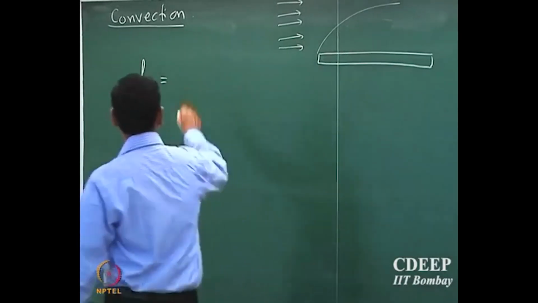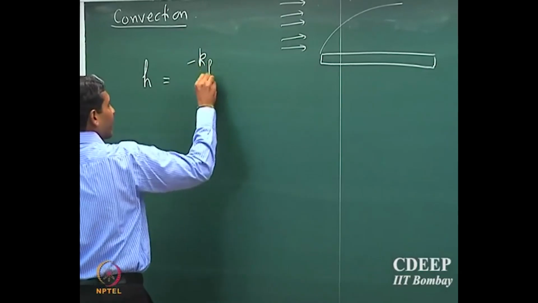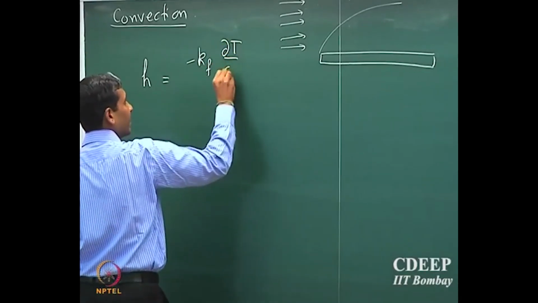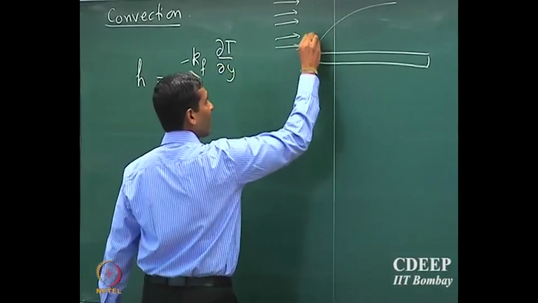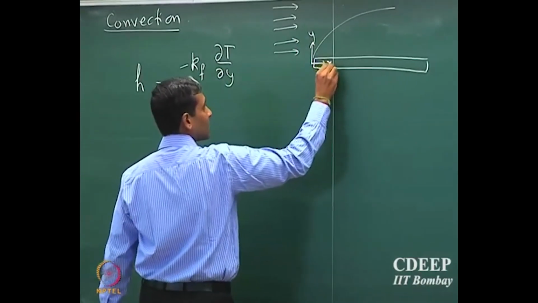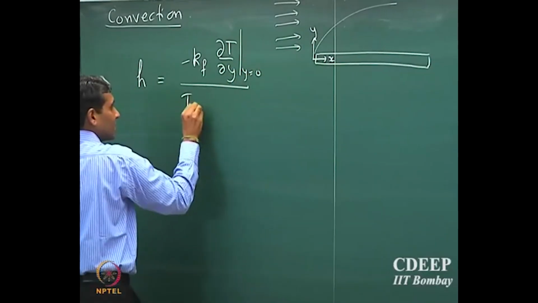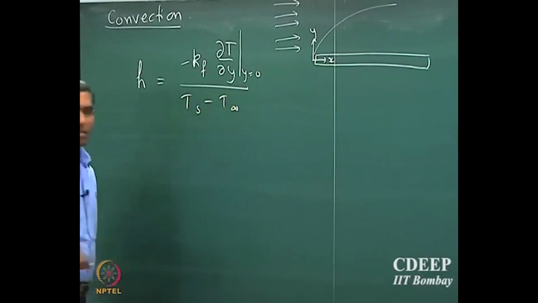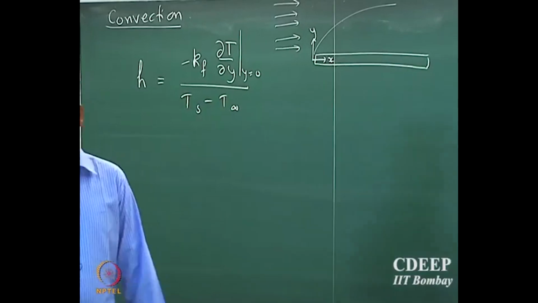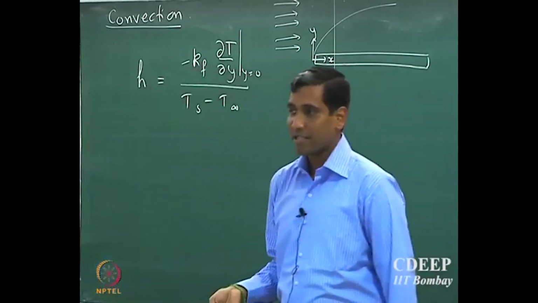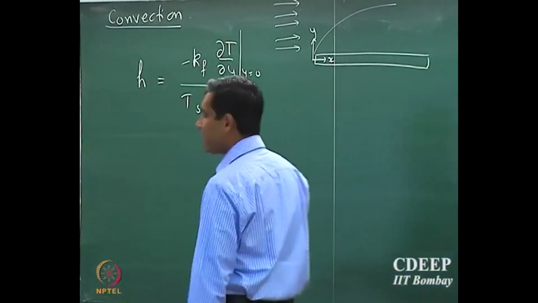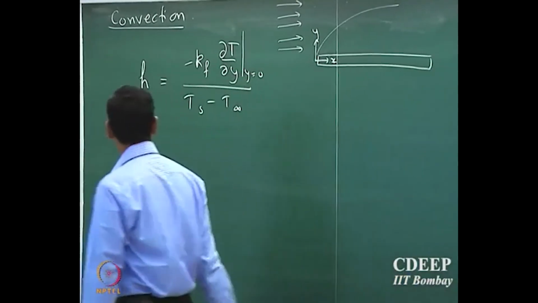Okay, so it's flux, which is minus k_f dT/dy, if this is the y direction, evaluated at y equal to 0. So that's the flux of heat that is transported at the boundary, at the interface, divided by the bulk temperature difference.